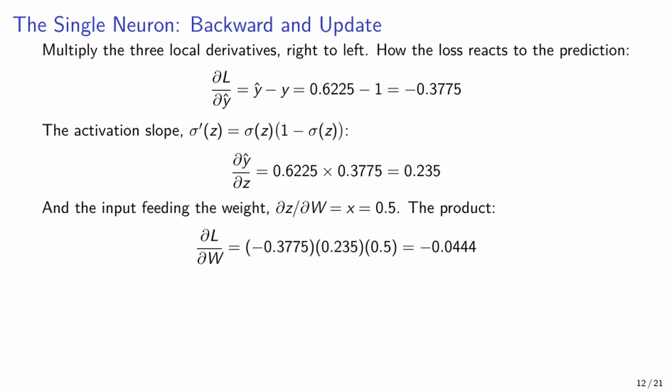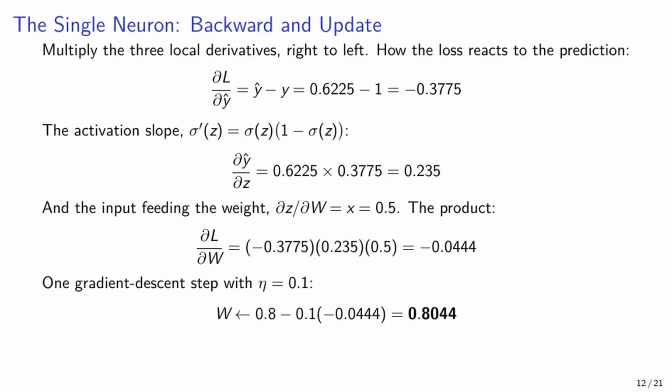And the third is the input feeding the weight, which is just x, 0.5. Now multiply the first two. Negative 0.3775 times 0.235, which is negative 0.0887. Then take that times 0.5, and the gradient is negative 0.0444.